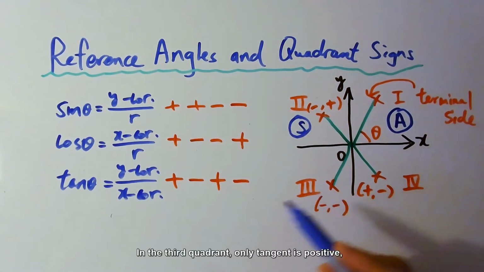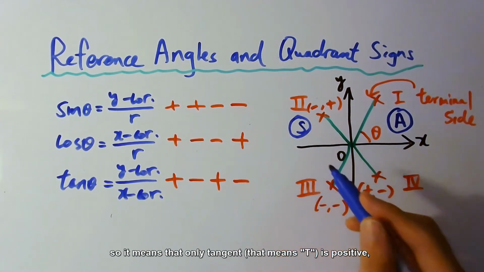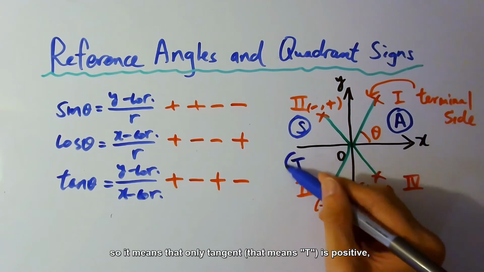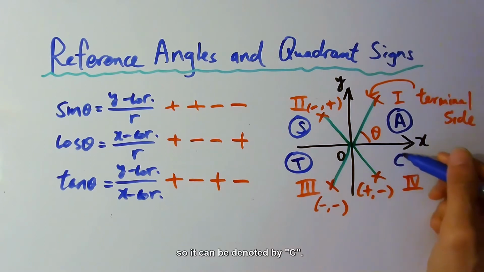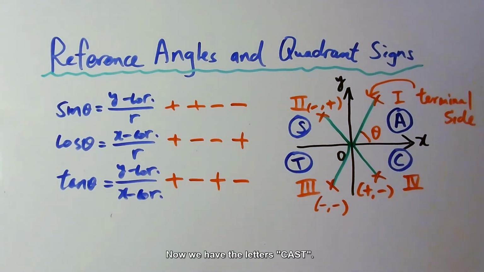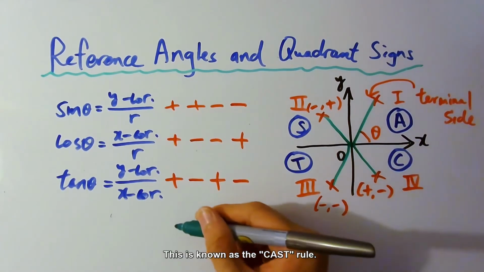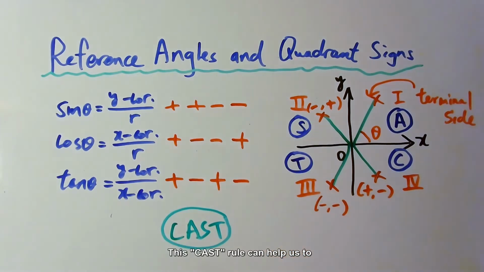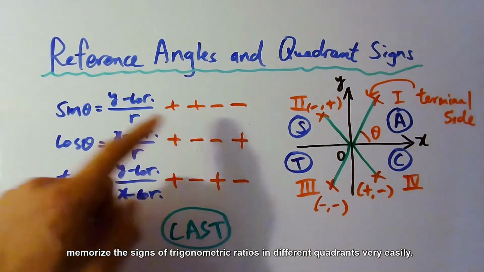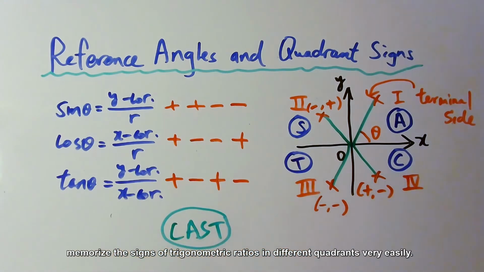In the 3rd quadrant, only tangent is positive, so that means T is positive. And then in the 4th quadrant, only cosine is positive, so it can be denoted by C. Now we have the letters C, A, S, T. This is known as the CAST rule. This CAST rule can help us to memorize the signs of trigonometric ratios in different quadrants very easily.